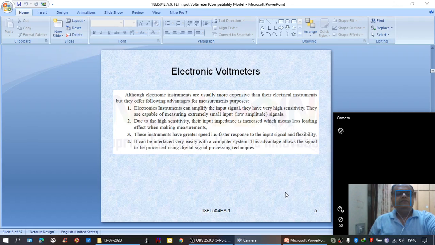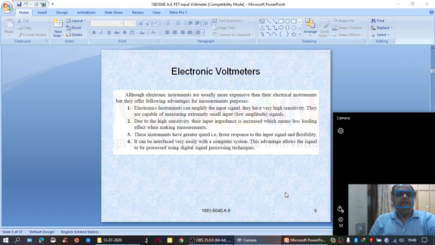The sensitivity of a voltmeter is 1 by the full scale deflection current required for making the pointer move from 0 to the full scale value. In electronic voltmeters, even very low voltage or very low current is sufficient to produce full scale deflection. So naturally, the sensitivity, which is 1 by IFSD, would be very high.